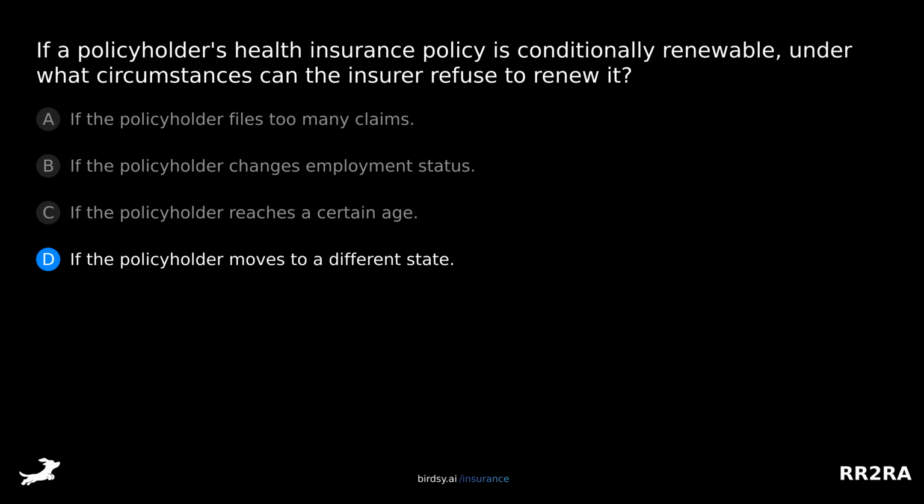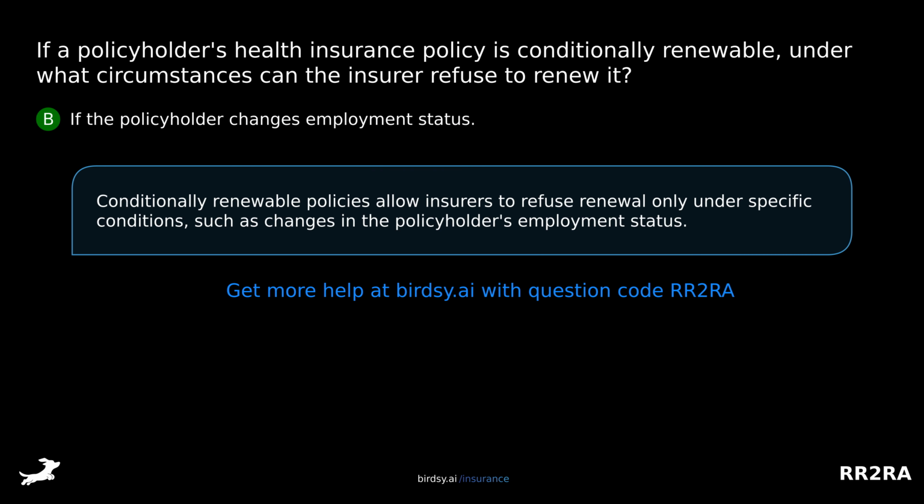Or D, if the policyholder moves to a different state? The answer is B. If the policyholder changes employment status. Conditionally renewable policies allow insurers to refuse renewal only under specific conditions, such as changes in the policyholder's employment status.